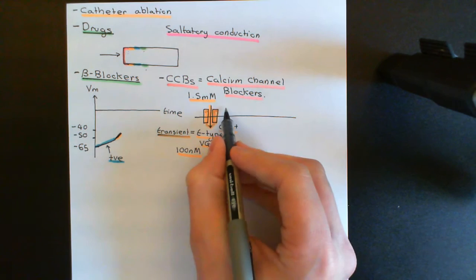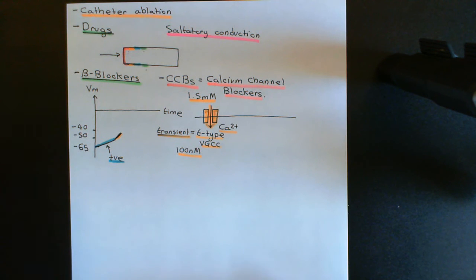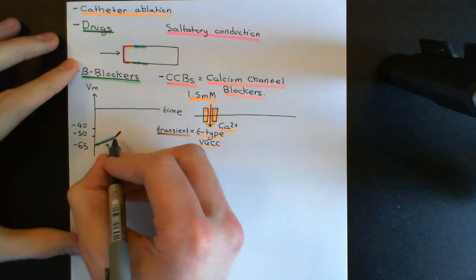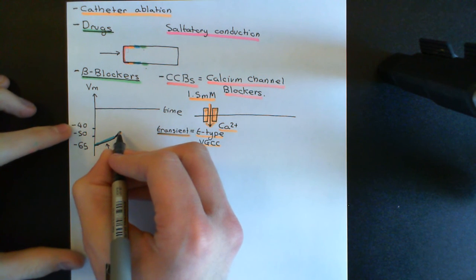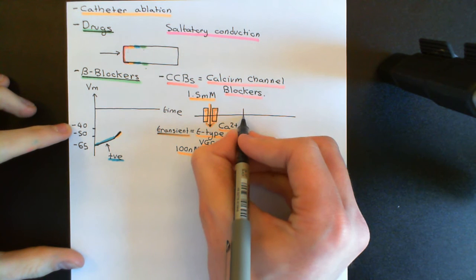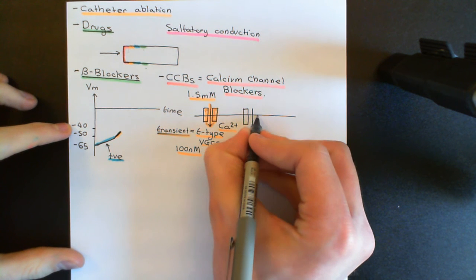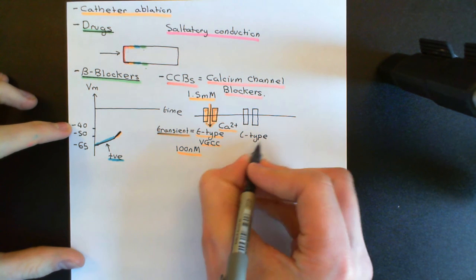Overall, that's going to depolarize the electrical potential difference across the cell membrane. It's going to make it less negative, and the result is that it moves the electrical potential difference up to negative 40 millivolts, which is now the threshold potential for the more normal voltage-gated calcium channel, the L-type voltage-gated calcium channel.